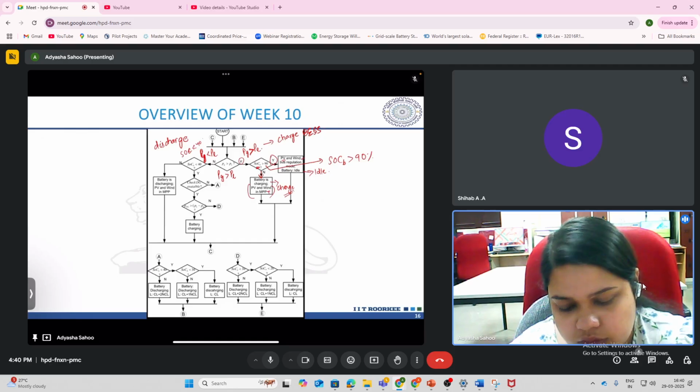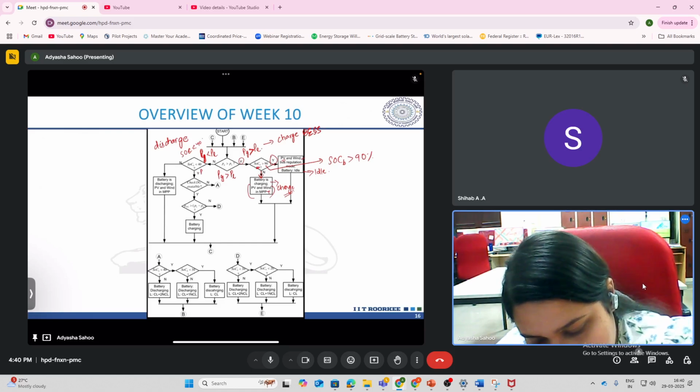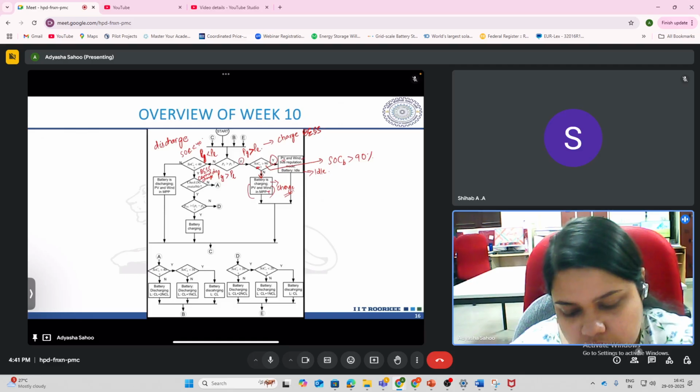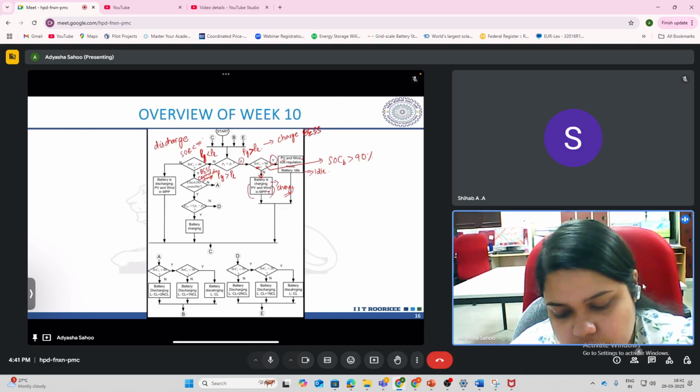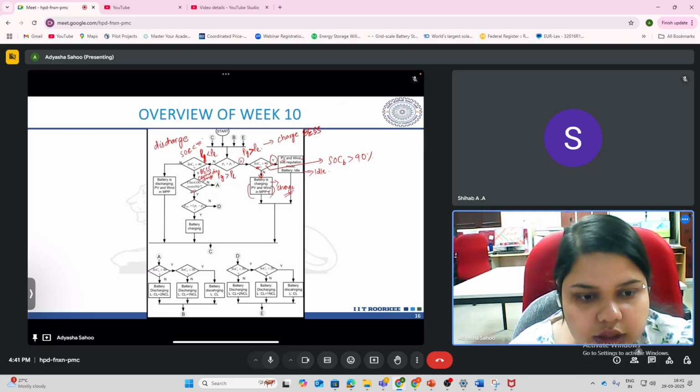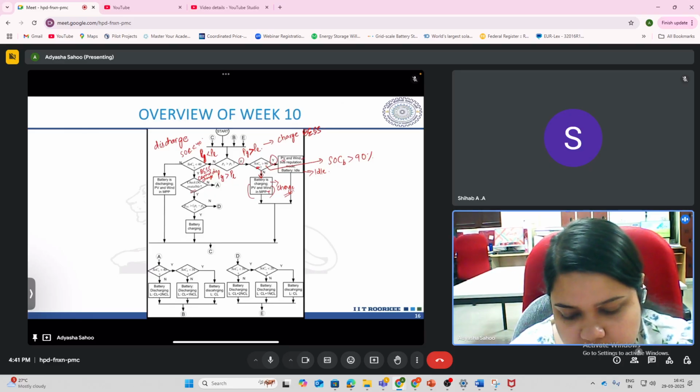If the SOC is less than 40%, the battery cannot discharge, meaning it cannot provide power. So what you do, you then check if you have DG with you to supply the power mismatch.